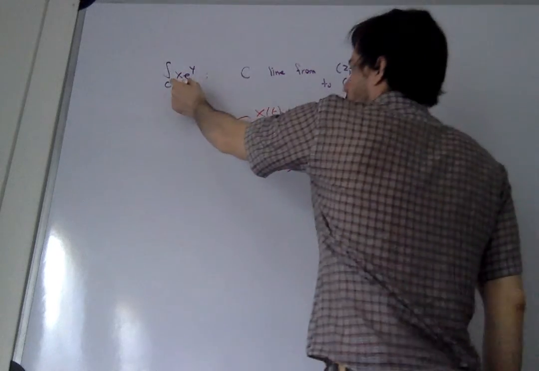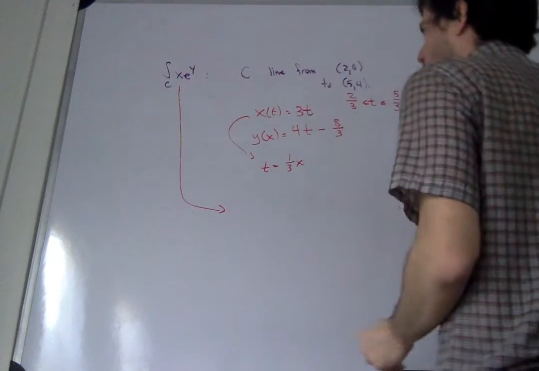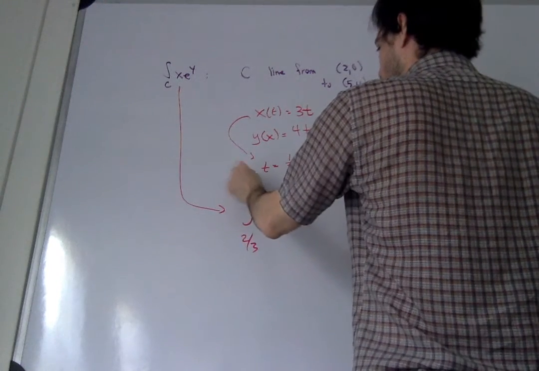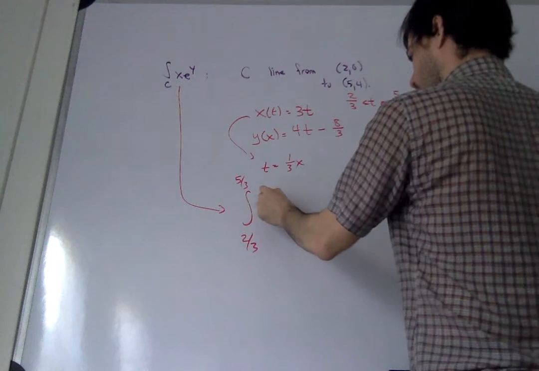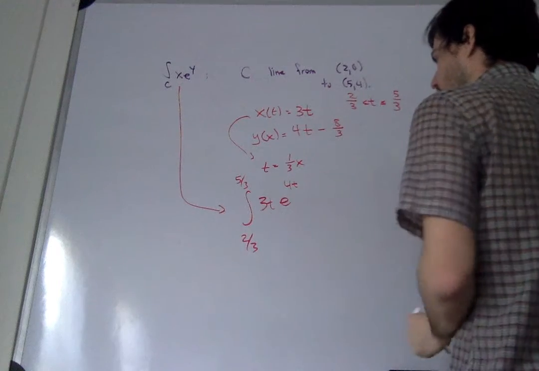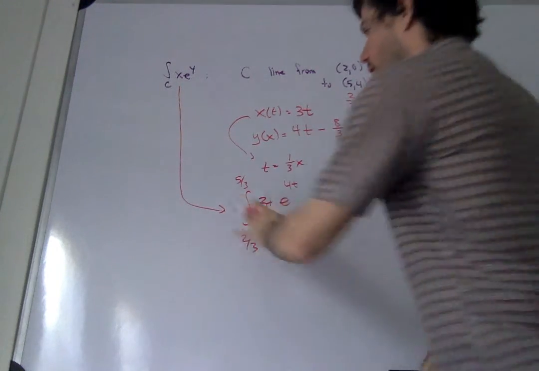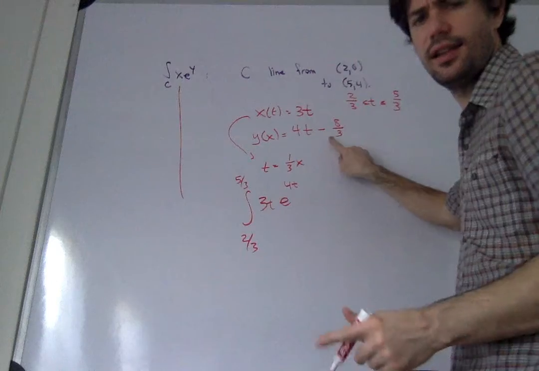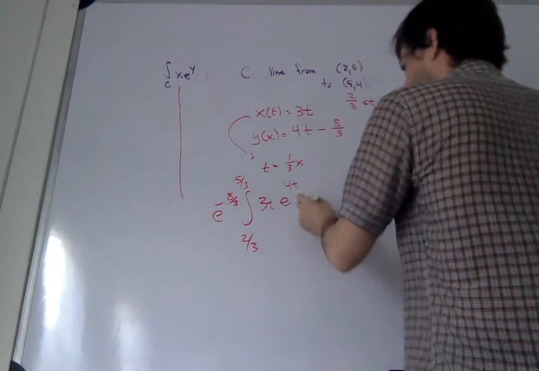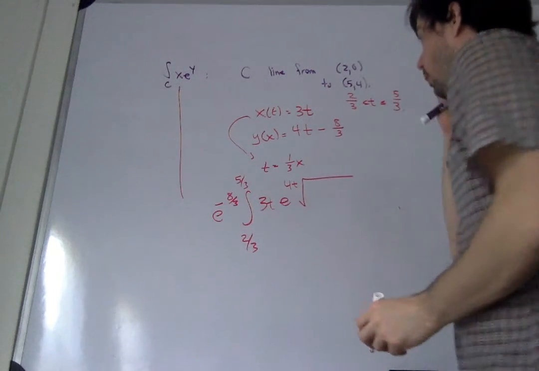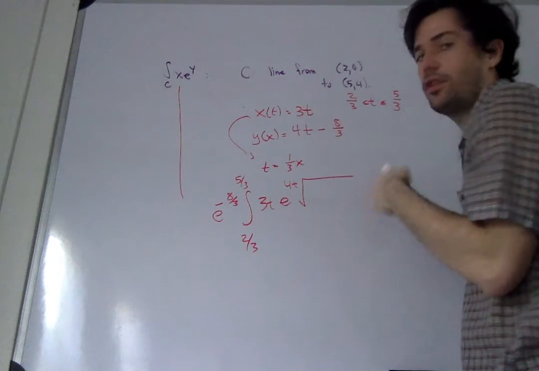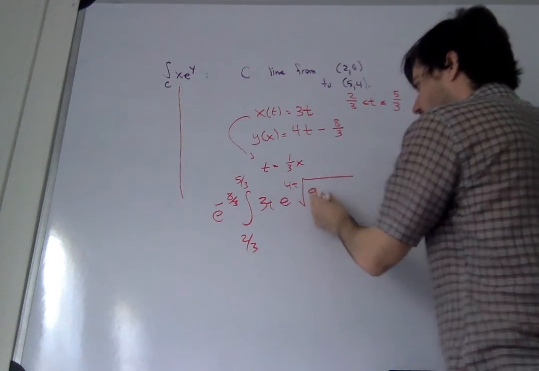Okay? And then when I plug this in, I get the integral from 2/3 to 5/3 of 3t e to the 4t, and I'm going to go ahead and pull out the e to the minus 8/3. And then we're going to do the second part. So when I take the derivative of x with respect to t, I get a 3, and then I square it, so I get a 9.